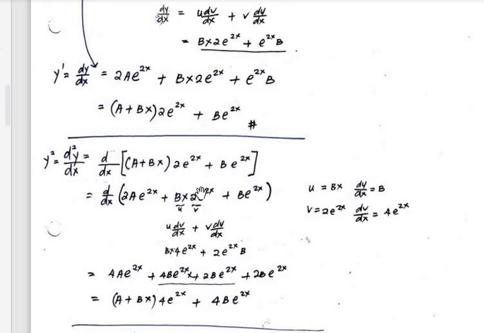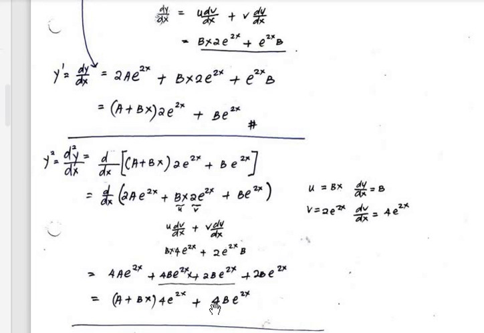And then this is for this part. So now you can differentiate the other part. Differentiate this one, you get 4a e^(2x). You differentiate this part, you get this one. And you differentiate b e^(2x), you get 2b e^(2x). So now you can sum up: 2b e^(2x), and this is also 2b e^(2x).